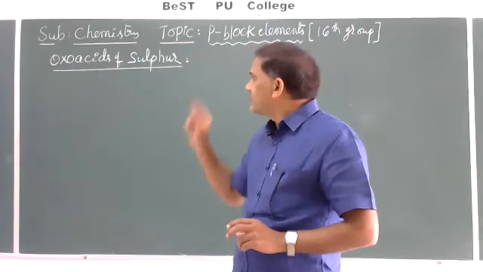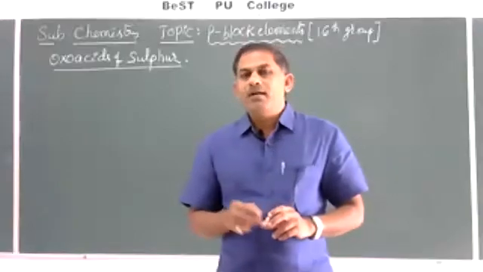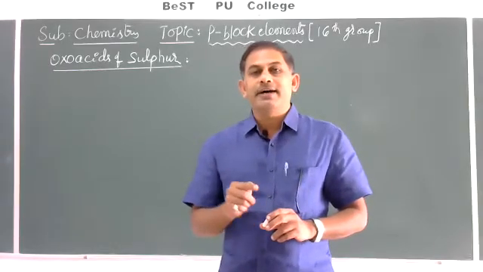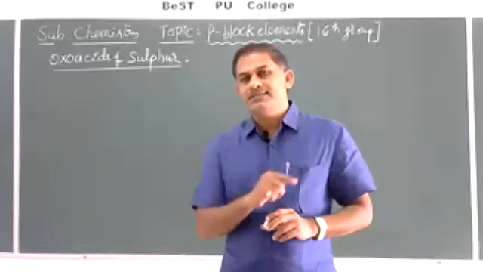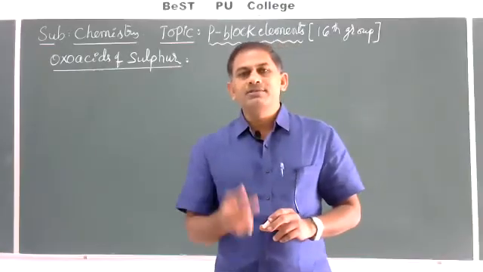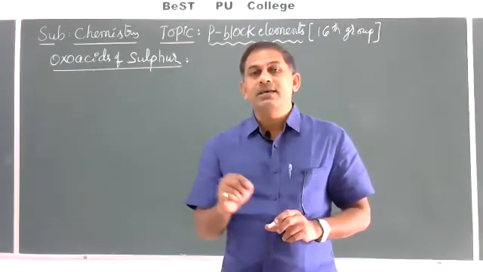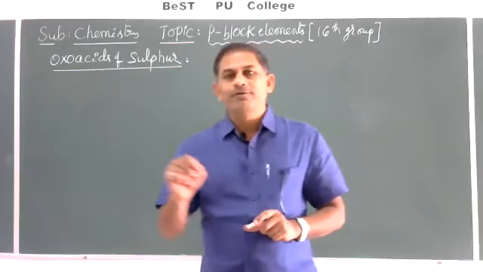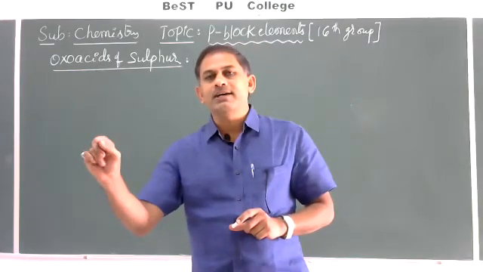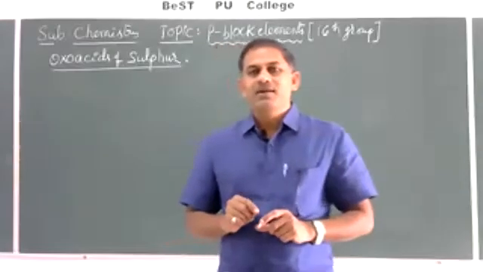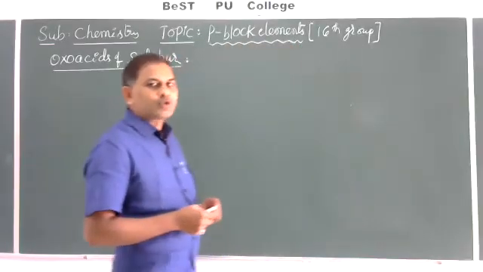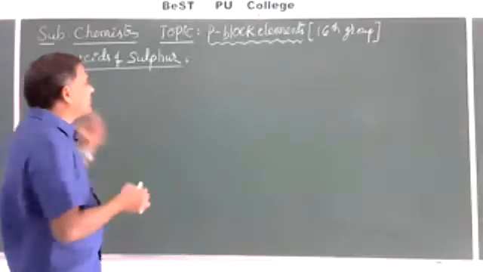These oxo acids are generally formed on hydrolysis of dioxides, which gives us ous acids, and on hydrolysis of trioxides, which gives ic acids. Sulfurous, sulfuric acids. Okay.